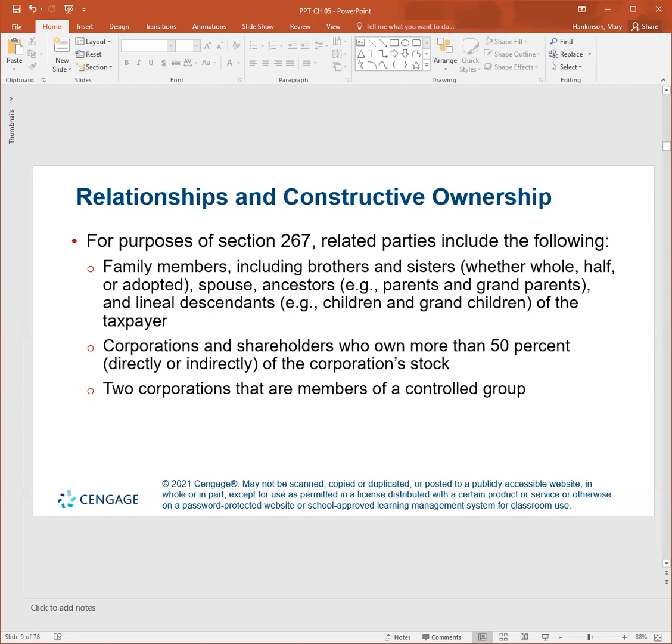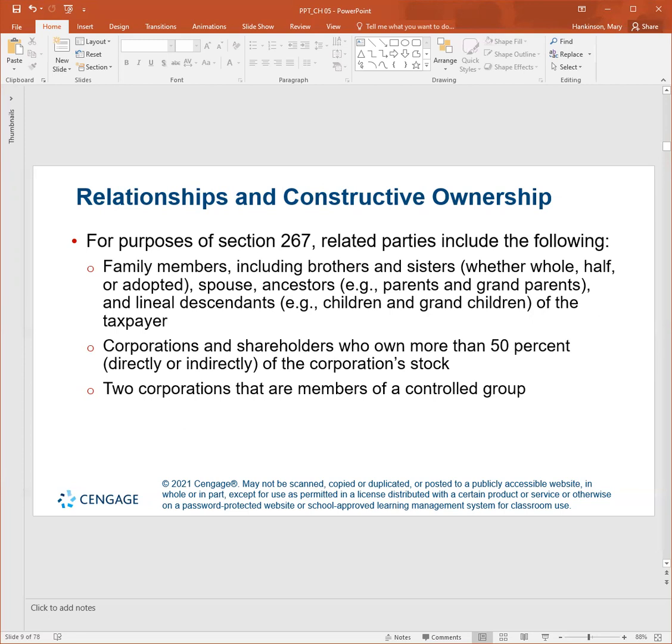So, relationships and constructive ownership. Again, for purposes of section 267, related parties include the following: family members, including brothers and sisters, spouse, ancestors, and lineal descendants of the taxpayer; corporations and shareholders who own more than 50% of the corporation's stock; and two corporations that are members of a controlled group.